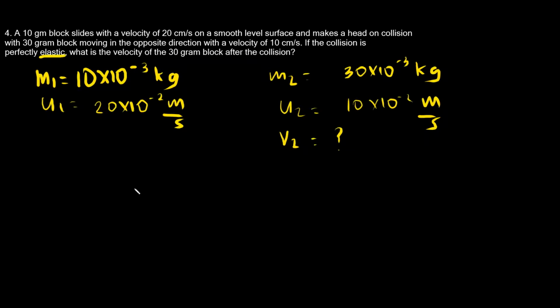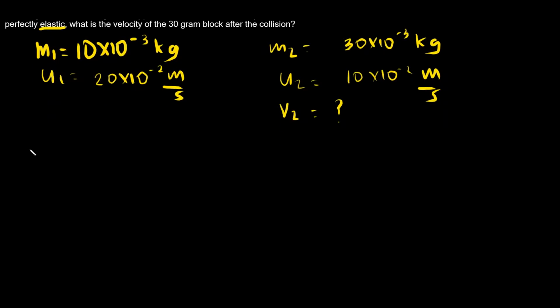Okay, so applying the law of conservation of momentum, you have m1u1 plus m2u2 is equal to, since it is perfectly elastic, they do not stick together, so their final velocities are separate. You have m1v1 plus m2v2. Take note, letter u is the initial velocity, letter v is the final velocity.